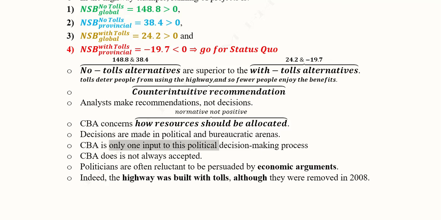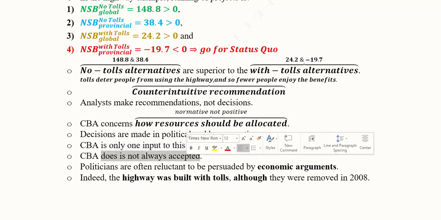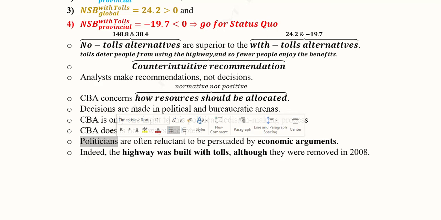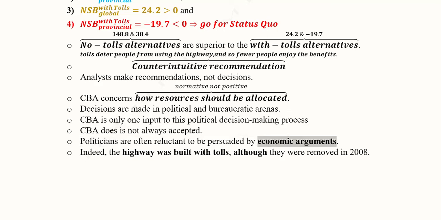CBA is basically an input to those decision makers, and CBA is not necessarily accepted. Politicians are often reluctant, and they are usually not persuaded by the economic arguments. They might have their own political and vested interests, due to which they might overlook the economic side of the things, which is highlighted by the cost-benefit analyst.